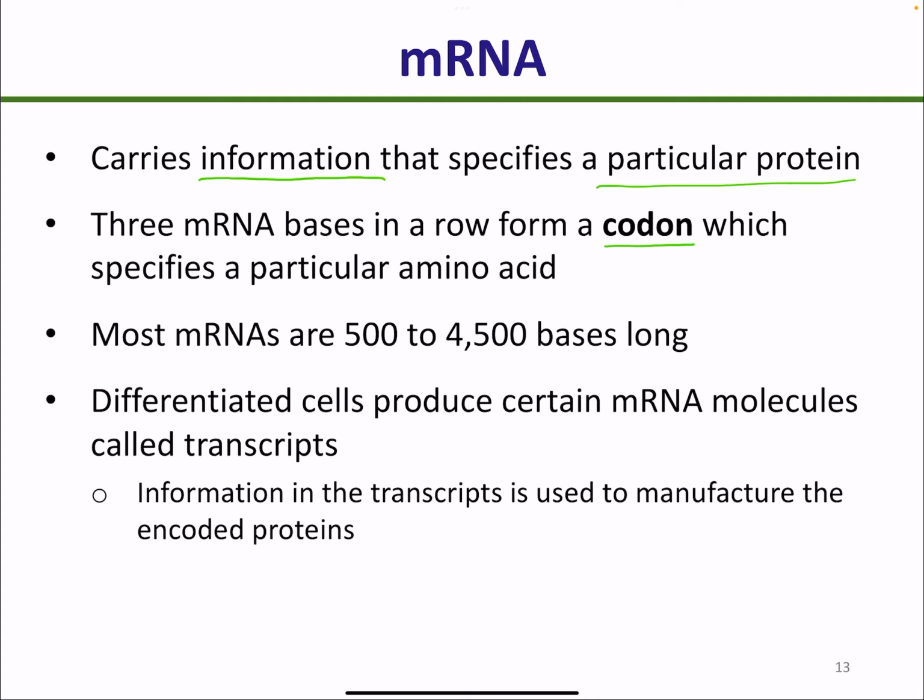For instance, A, G, C: AGC has an equivalent in amino acid. Another example, C, U, A, has also an equivalent in amino acid. But we are going to cover that when we look at what we call the genetic code.